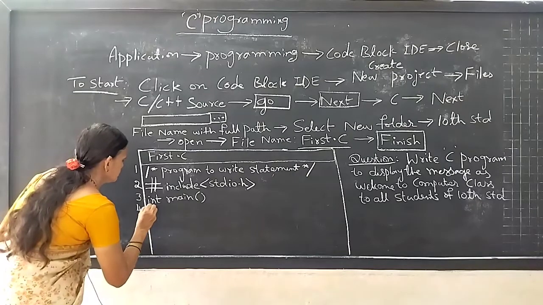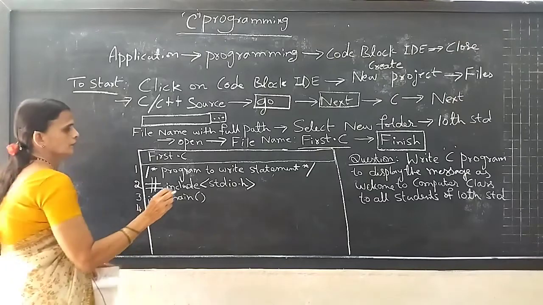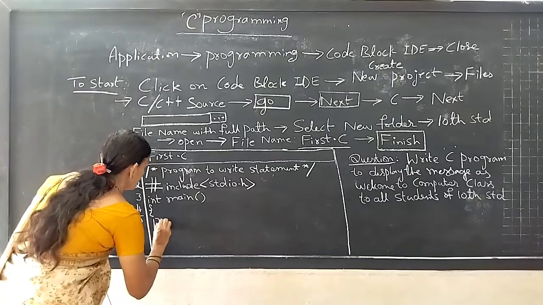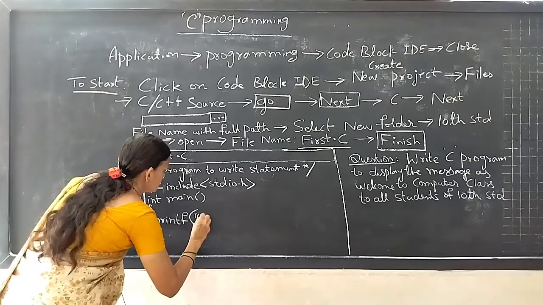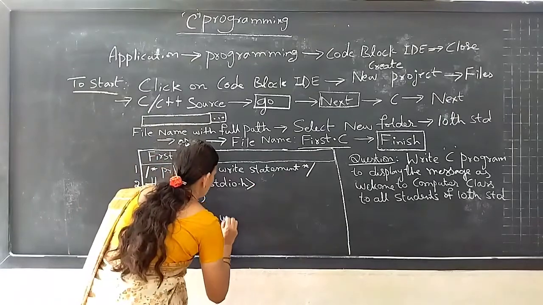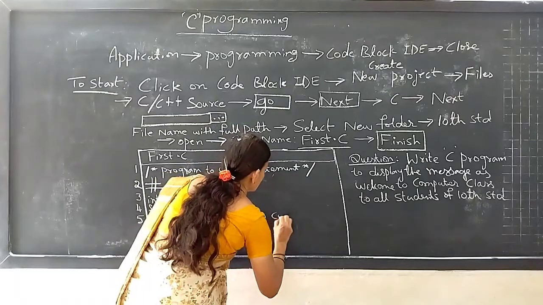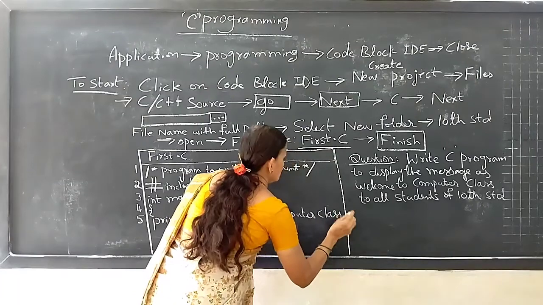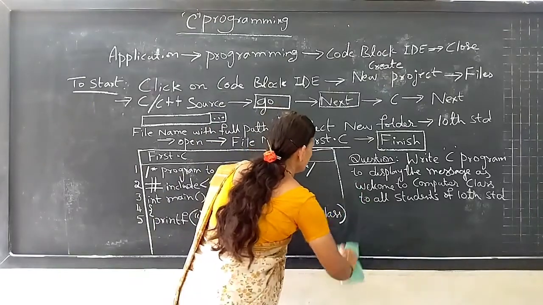In the fourth line you have to start with the flower bracket, and in the fifth line you start with printf, open bracket, double quotes, backslash n. We have to write welcome to computer class. Then close this bracket, and you have to put a semicolon.